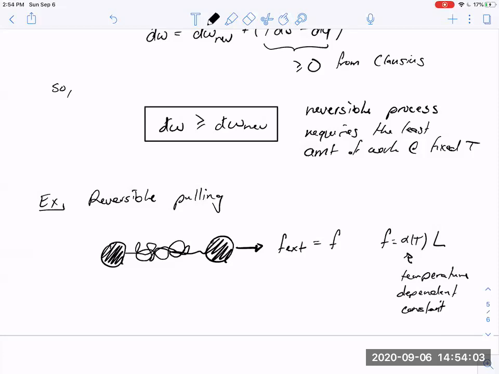Namely, that is to say that polymers tend to act like simple Hookean springs. Their forces grow in proportion to their displacements.